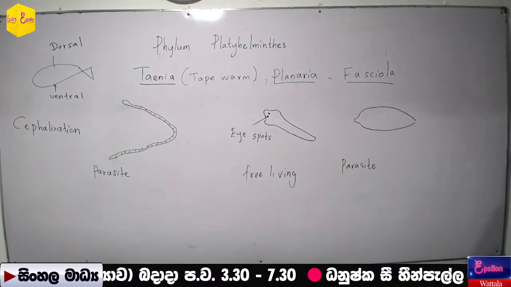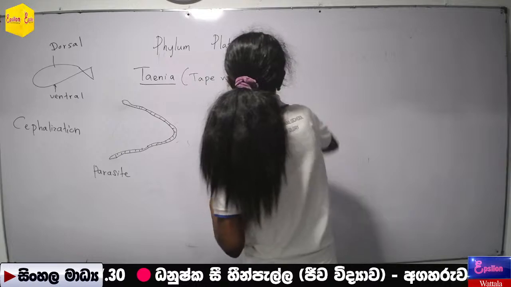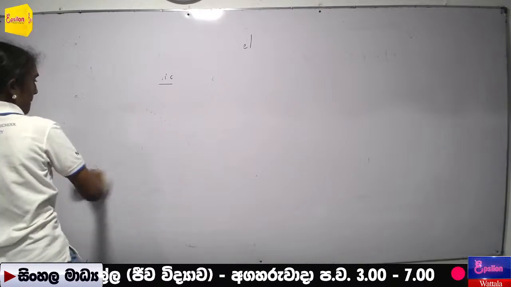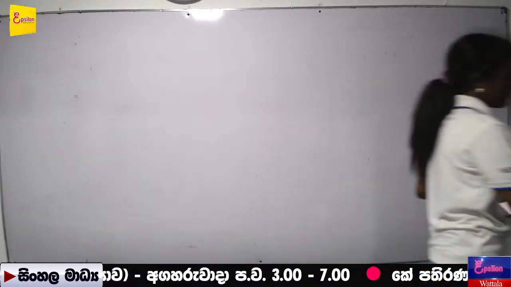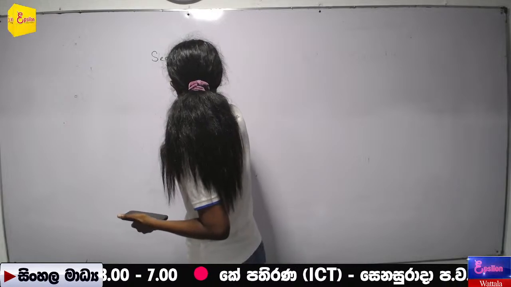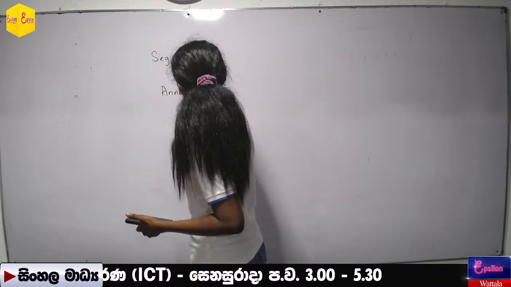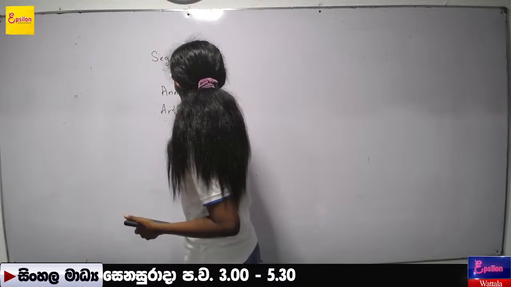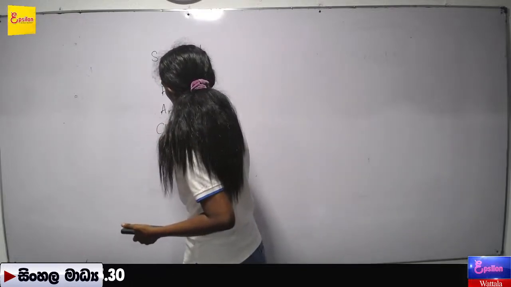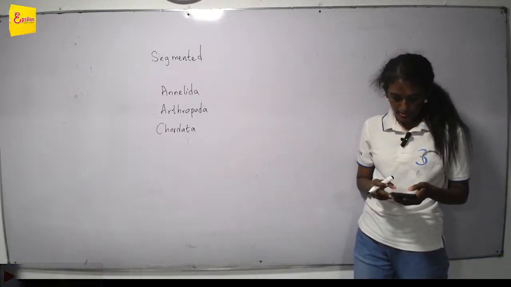Those having segmentation, I'll put a list here: Annelida, Arthropoda, and chordates are also segmented animals. I'll check about echinoderms and cnidarians.